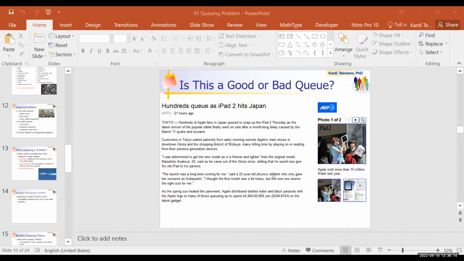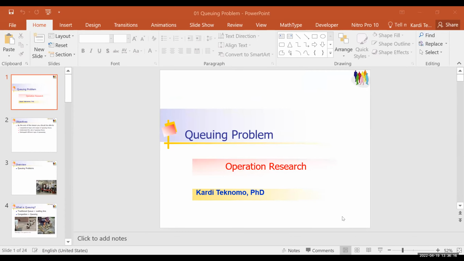Our next discussion is about queuing. Can queuing theory be applied to the traffic jam problem?